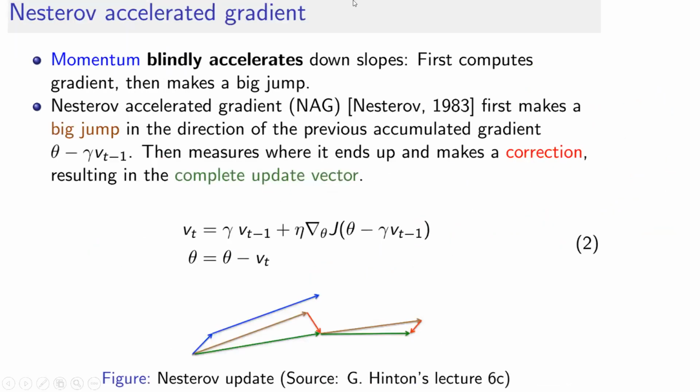So let's move further. Then we have the Nesterov accelerated gradient. Usually the momentum blindly accelerates down slopes. It first computes the gradient, then makes the jump. However, now we want to find a better way. So first we make a big jump in the direction, then we calculate the gradient after that jump, and then we update the value.